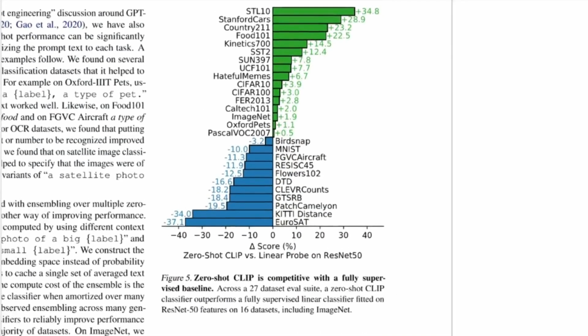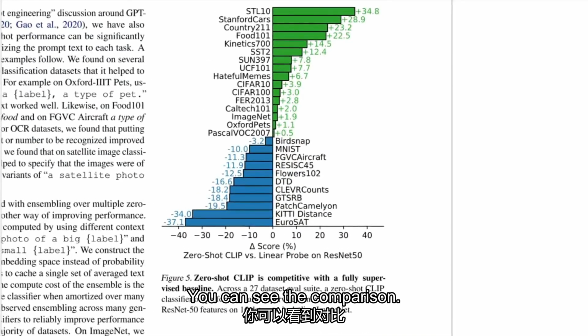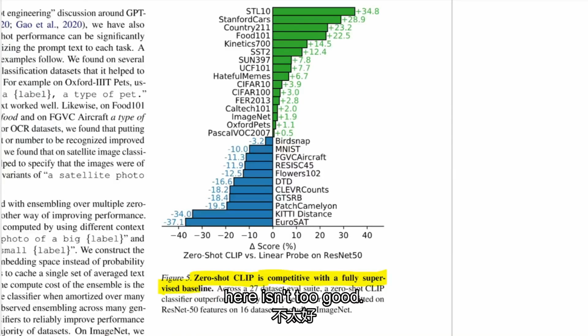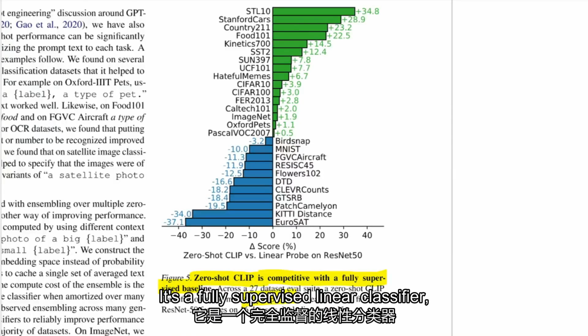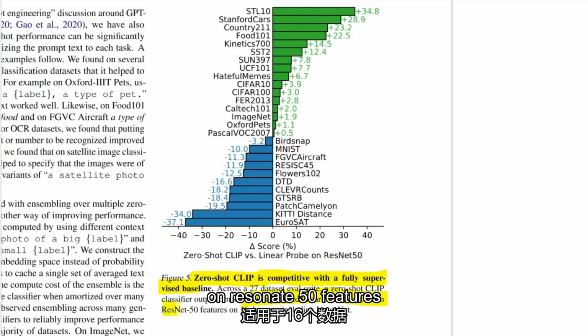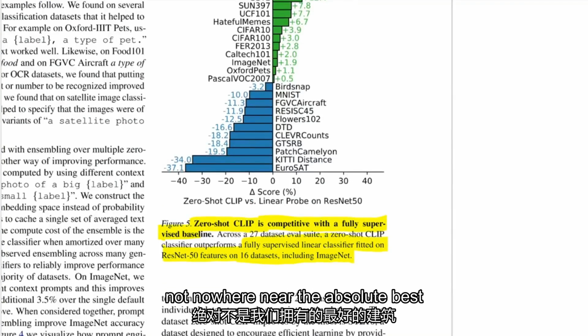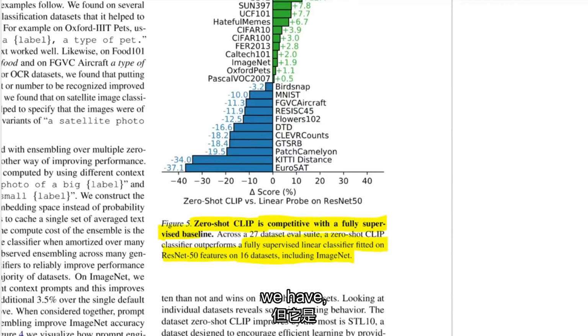So here you can see the comparison. Zero-shot CLIP is competitive with a fully supervised baseline, right? So the baseline here isn't too good. It's a fully supervised linear classifier fitted on ResNet 50 features on 16 datasets, including ImageNet. The ResNet 50 is a popular architecture. It's nowhere near the absolute best we have, but it's a popular architecture.